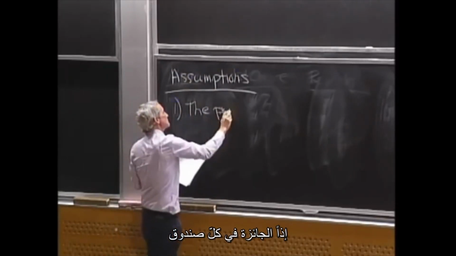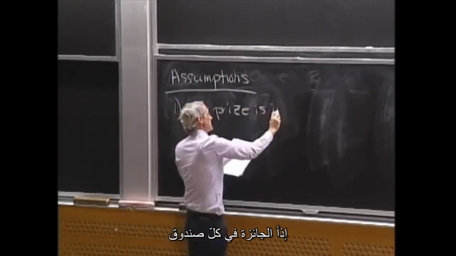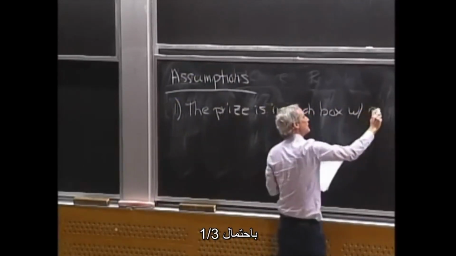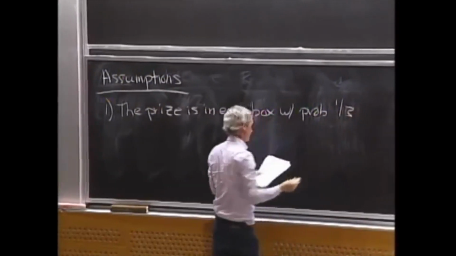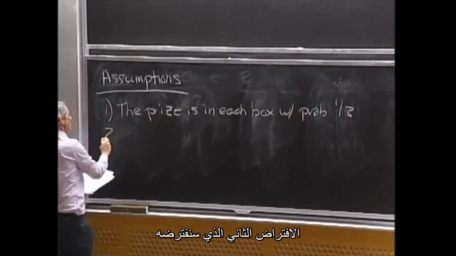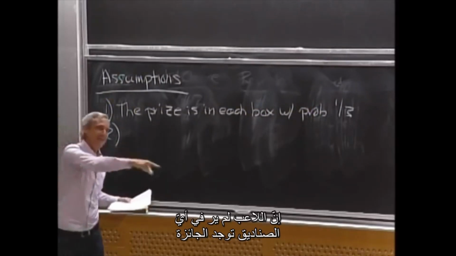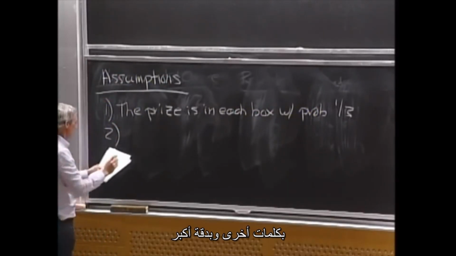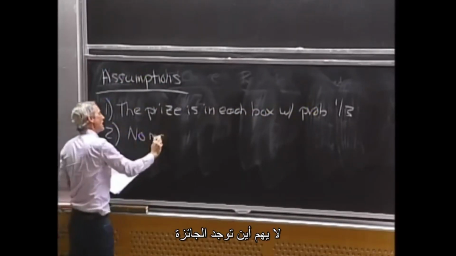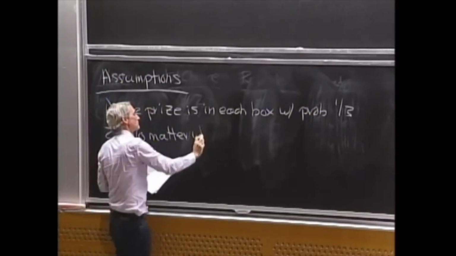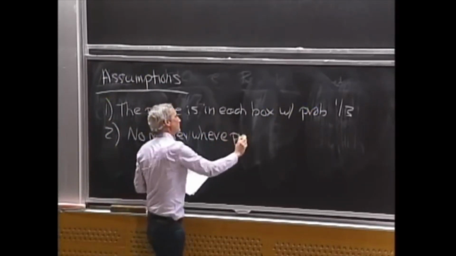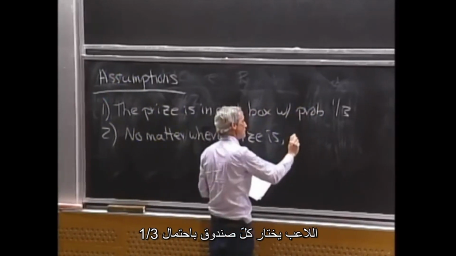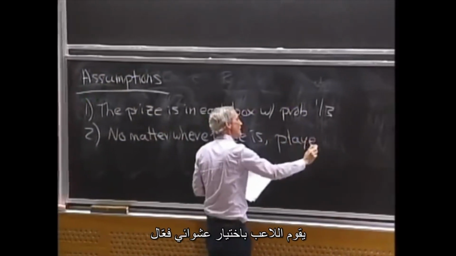So the prize is in each box with probability 1/3. The next assumption we're going to make is that the player didn't see which box has the prize. In other words, and more specifically, no matter where the prize is, the player picks each box with probability 1/3. So the player is making effectively a random choice.